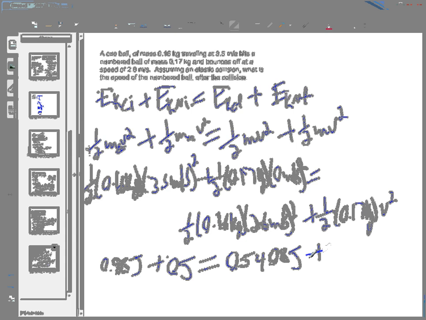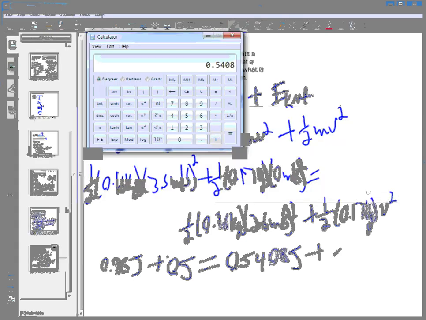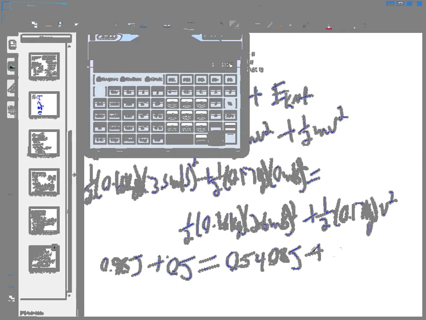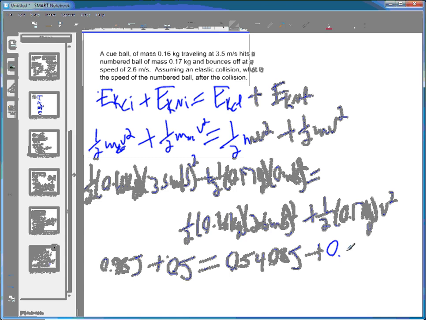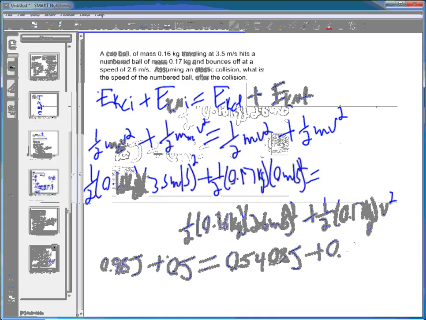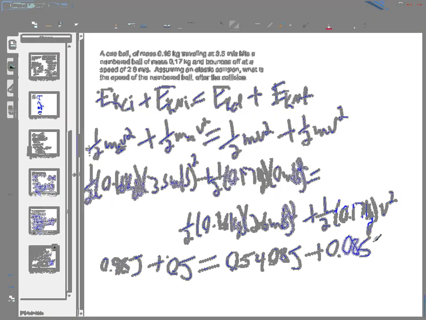plus 0.5 times 0.17, so 0.085 kilograms times v squared. Okay, so how can we solve for this?